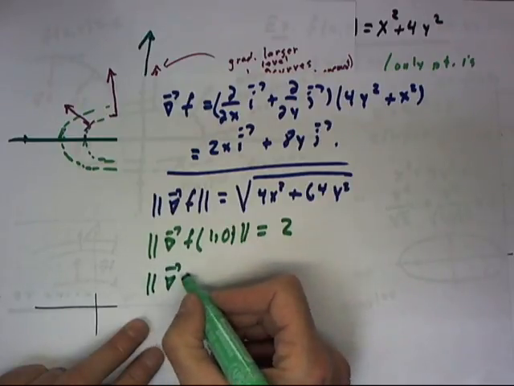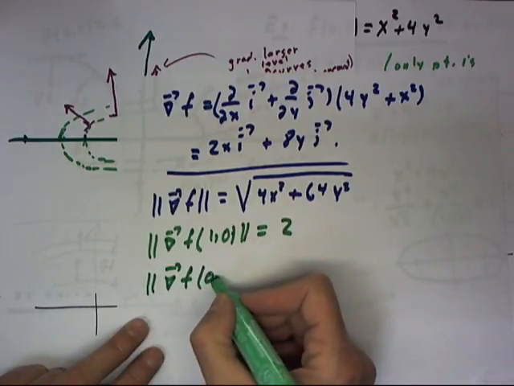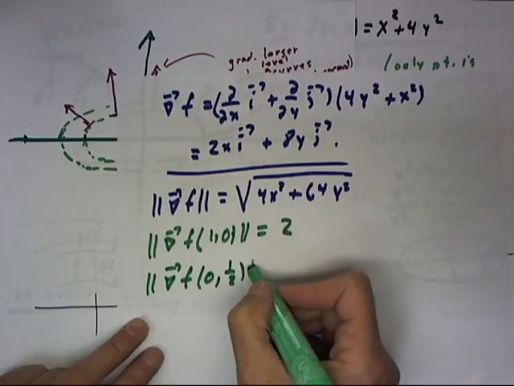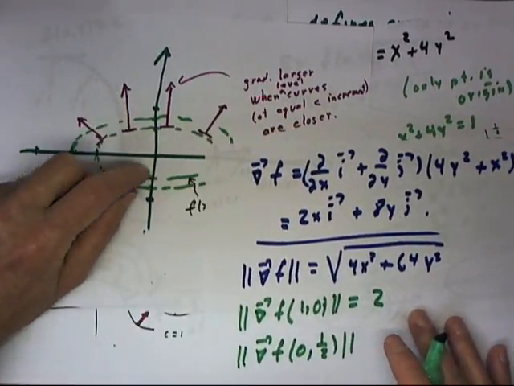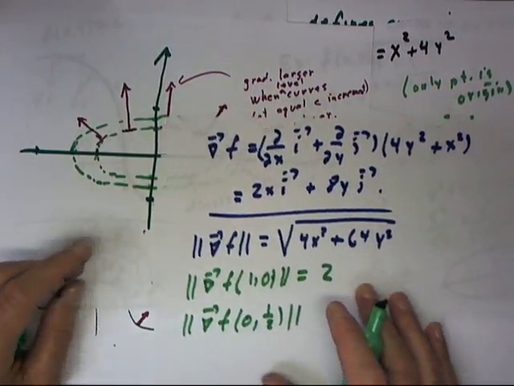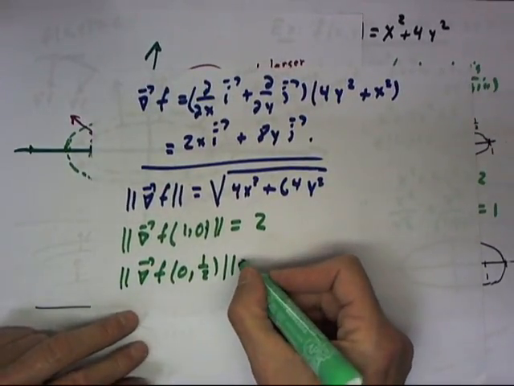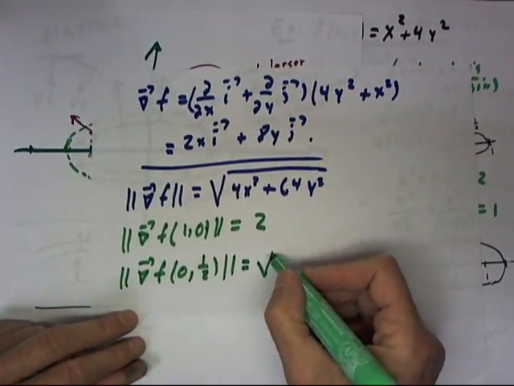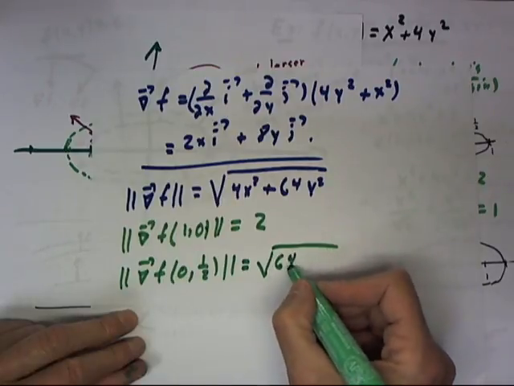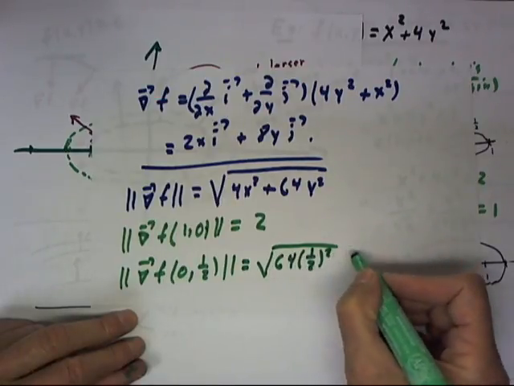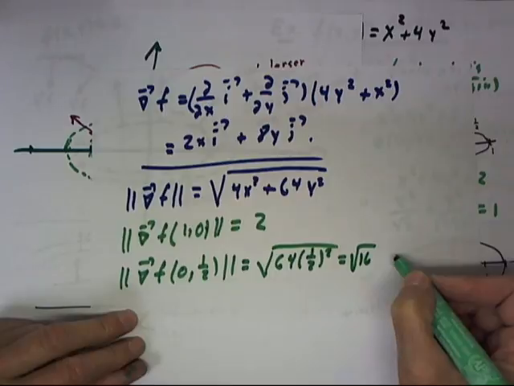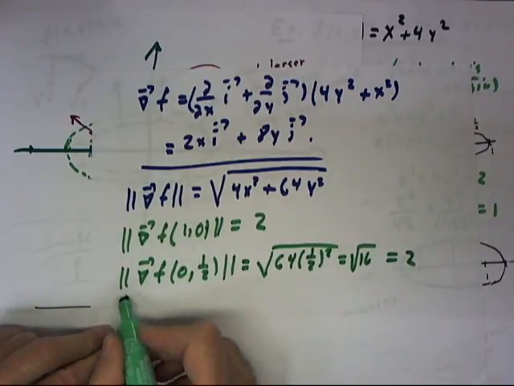The magnitude of the gradient of f at 0, 1/2, which is the y coordinate that's most distant from the origin, is the square root of 64 times 1/2 squared, which is the square root of 16, which is 2.